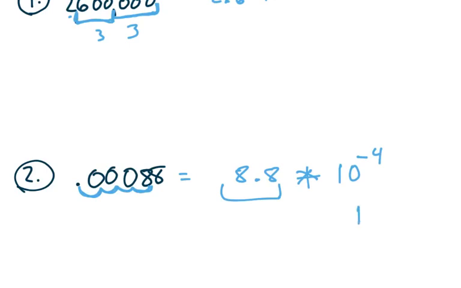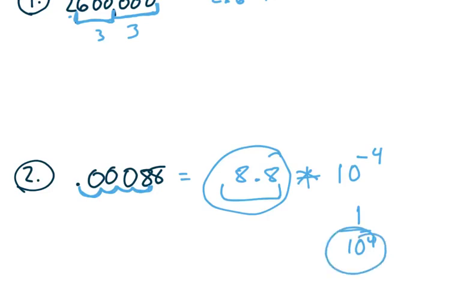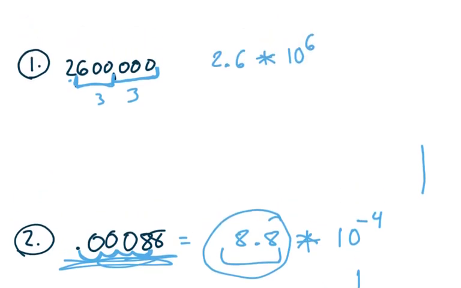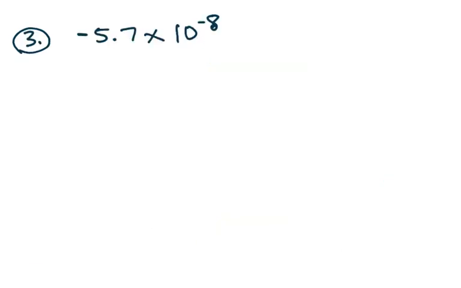And recall we said that this is 1 over 10 to the 4th, right? So I'm taking 8.8 and I'm dividing by 10 raised to the 4, which obviously is going to give me a very small number. Okay, so if you have a small number, your exponent should be negative. If you have a big number, your exponent should be positive. And that's how I would try to get myself to think about it.